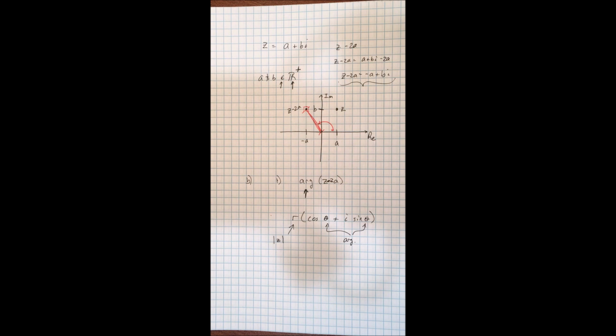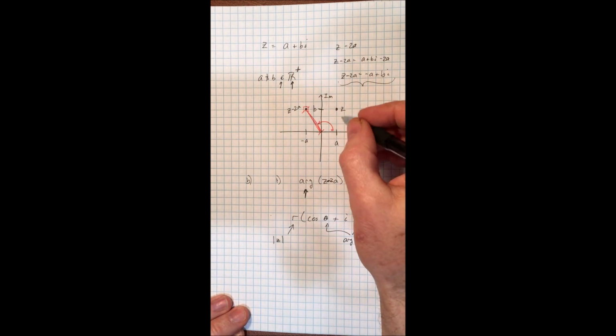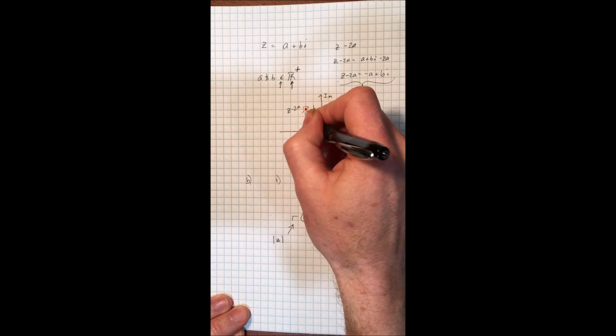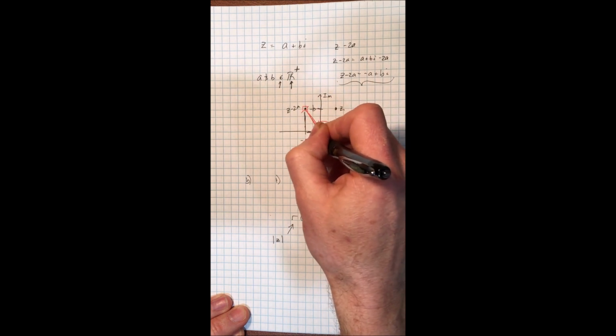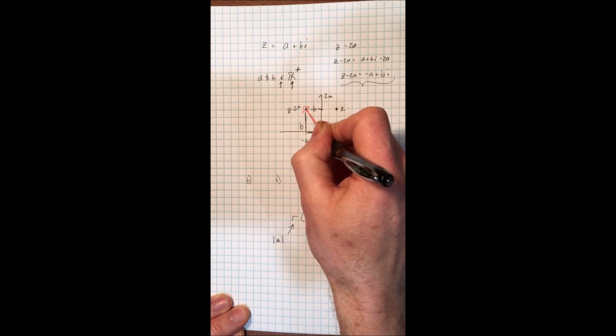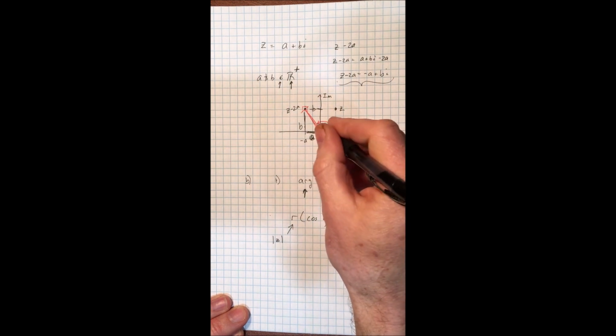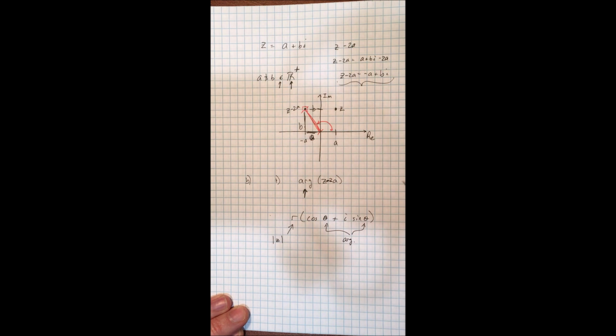Now, obviously, because we don't know actual values for a and b, our answer is going to have to be expressed in terms of a and b. So what we're going to end up with in this case is our a value and our b value, b is going to be this, a is going to be this, forming the two legs of a triangle, which means that this angle is going to be a tangent value, or an arctangent value.